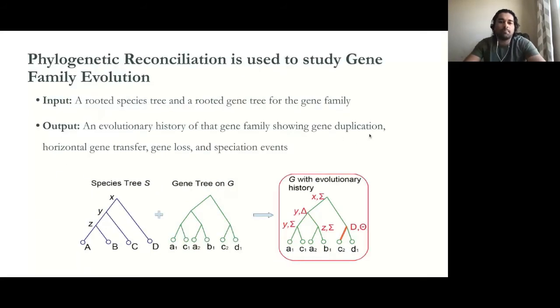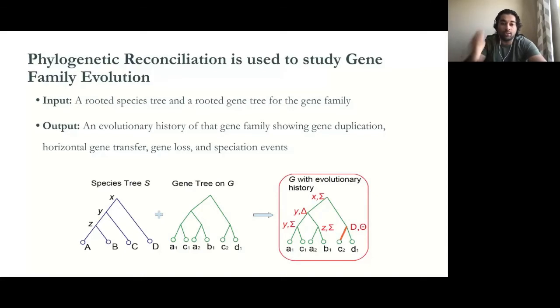So when we reconstruct, let's say, a species tree and a gene tree given the biological data that we have, the information that's often missing is that we don't know exactly which evolutionary event happened at these different nodes of the gene tree.